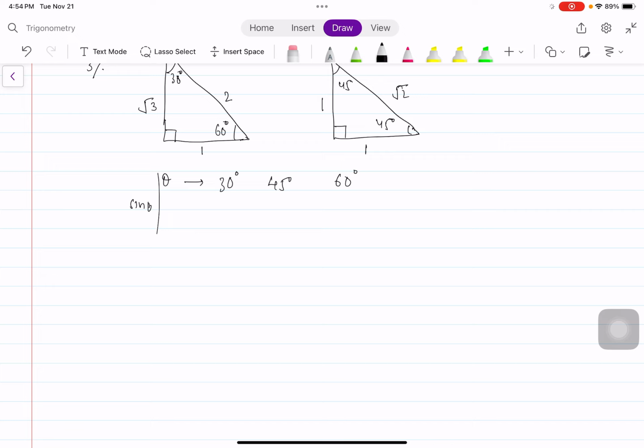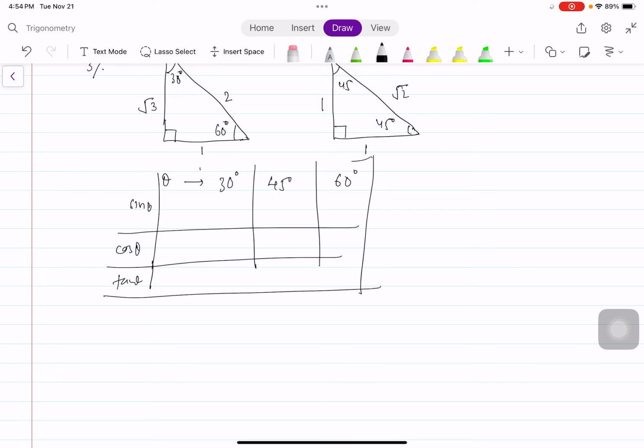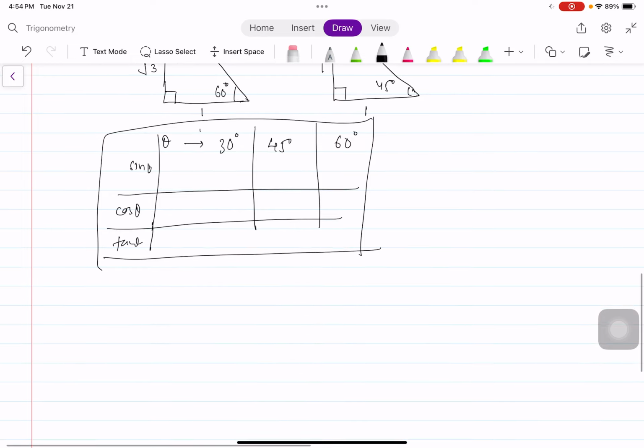So this table you can fill up. Using these two triangles, we can find the values of these ratios. These values must be known, as we require them every time we solve these types of problems.